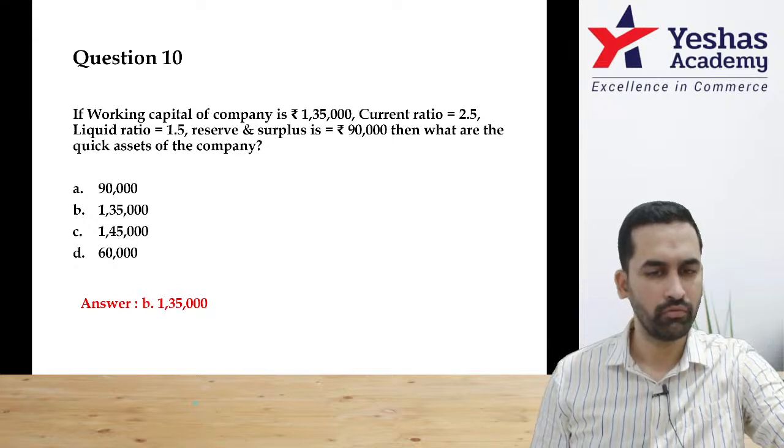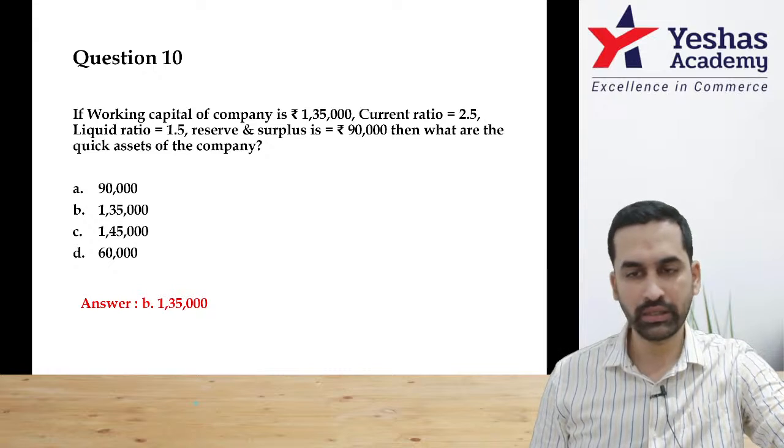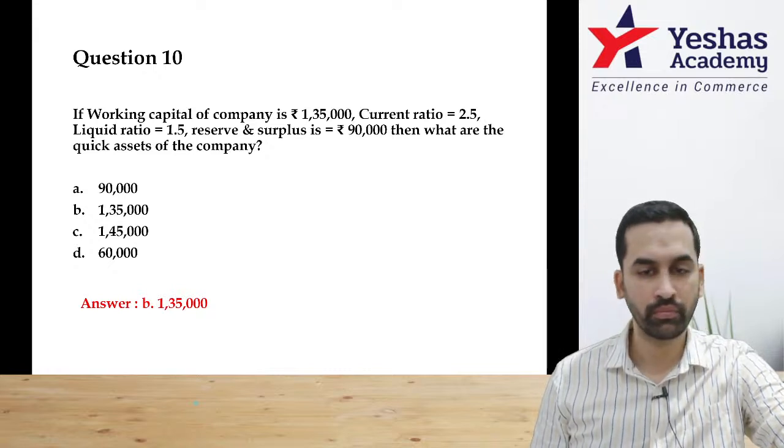B. 1,35,000. Guys, what happened? 2.5x minus x, 1.5x.